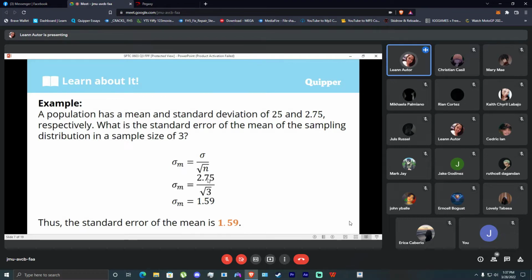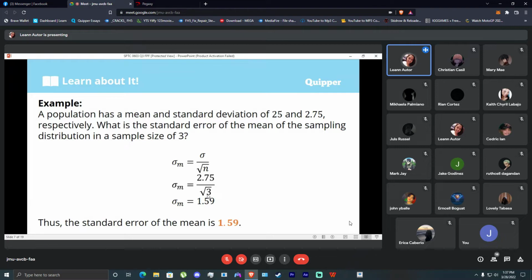So that is 2.75 divided by the square root of 3. The square root of 3 is 1.73 something.